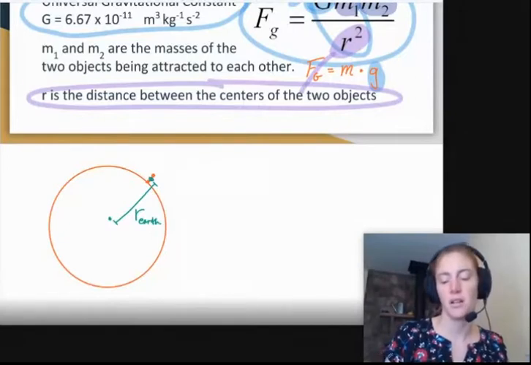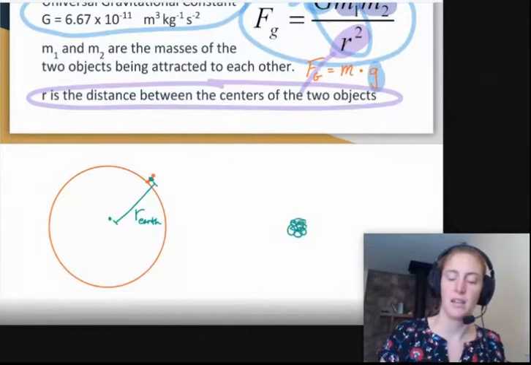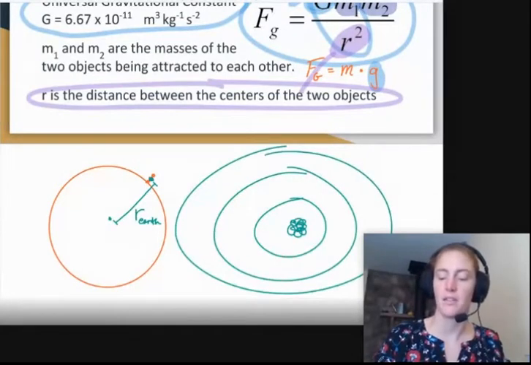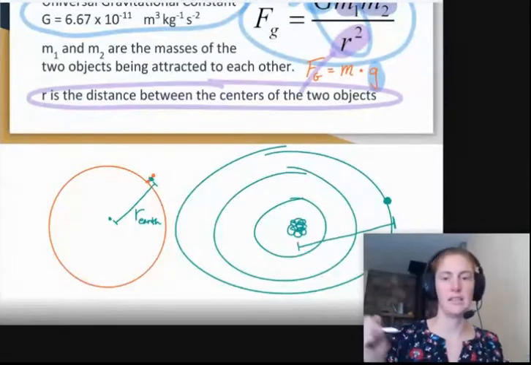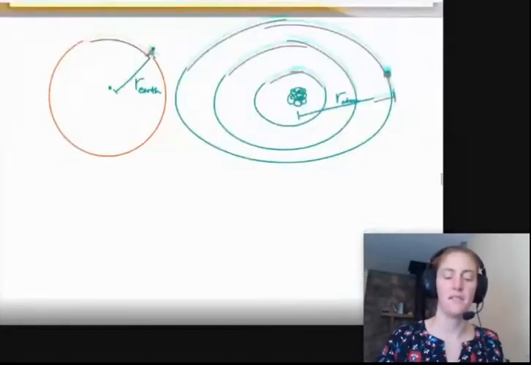And if I want to talk about an atom, here's the nucleus of an atom, and here are electrons going around the atom. Out here might be some electron, and I could talk about the attraction between the nucleus and the electron. Well, this will be essentially the radius of the atom. And then we also have planets.